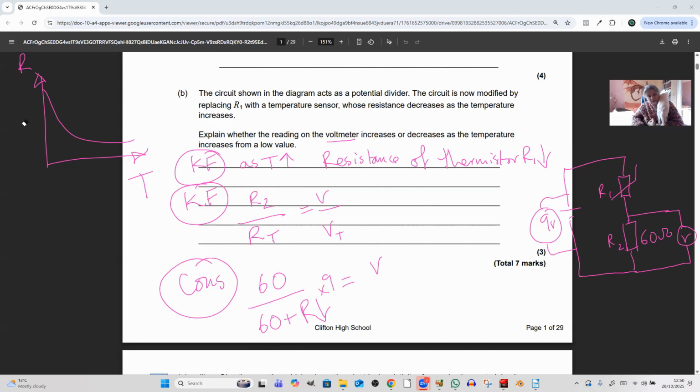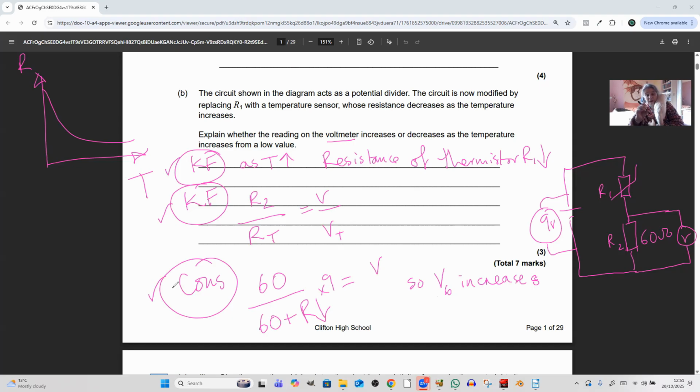You see? The R has gone down, so V has to go up. So V, the voltage across the 60 ohm resistor, increases. Can you see that now I've got a 1, 2, 3 mark explain?